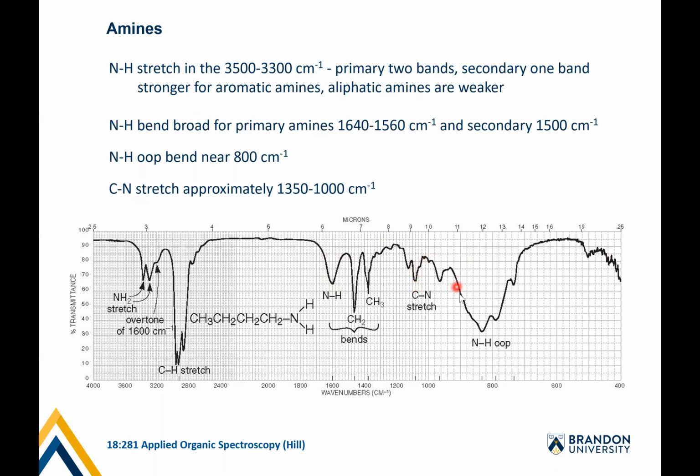There is a large out of plane bend for the NH protons that is quite broad. Now, this only will apply for primary and secondary amines. Tertiary amines, which have no NH bond, you won't see any of these peaks here. Right, that's the main distinctive feature, these stretches right here.